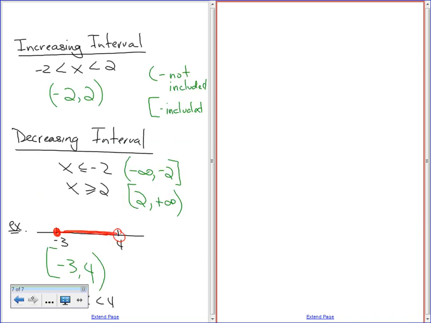Okay, so our final example is determining an equation from a graph.